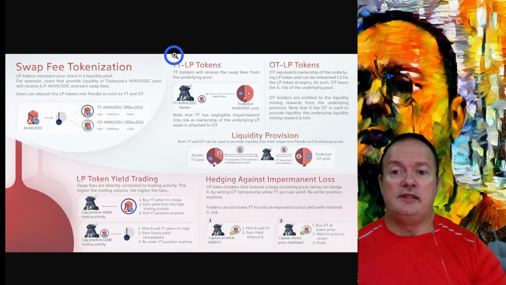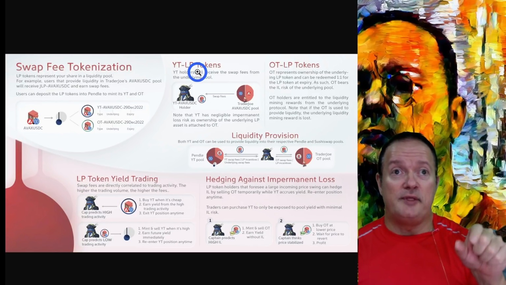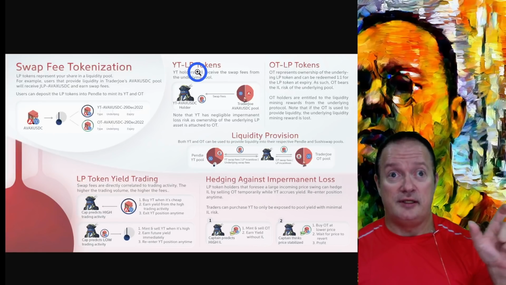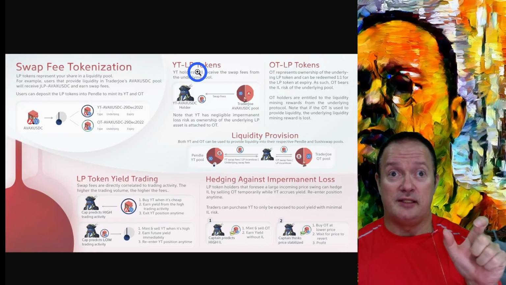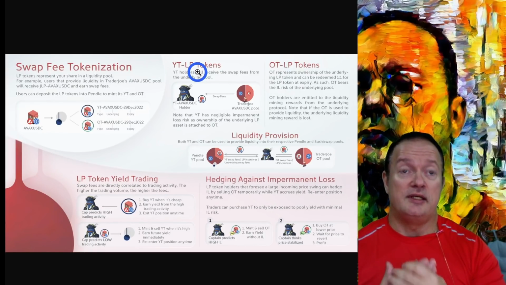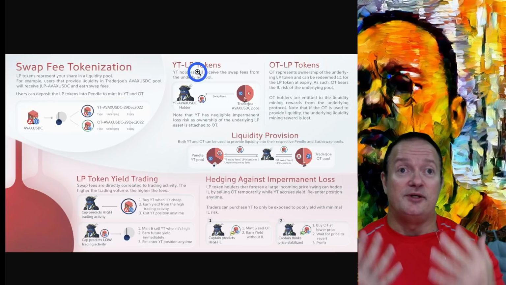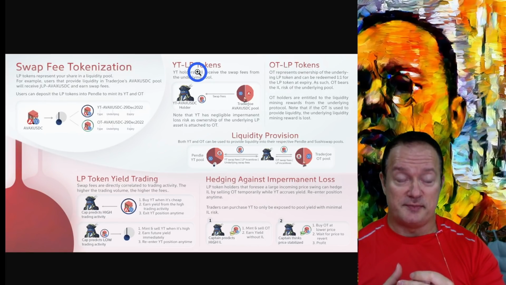It's talking about the YT-LP tokens. Remember, we can get 230 some percent on the YT-wMEMO MEMO liquidity pool pair, right? And a lot of people worry about impermanent loss, and that's normal because on a lot of projects, you're going to get a lot of impermanent loss.